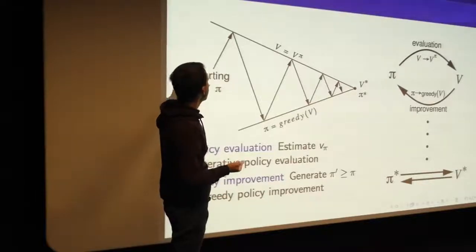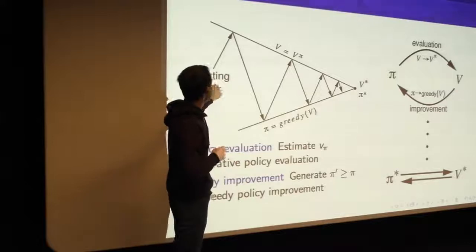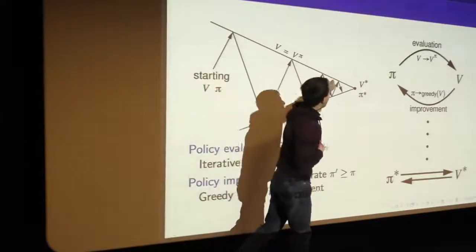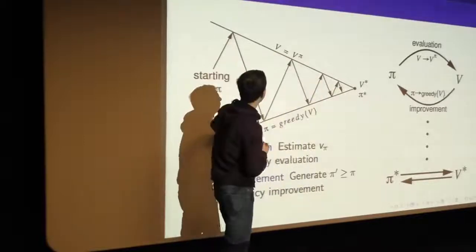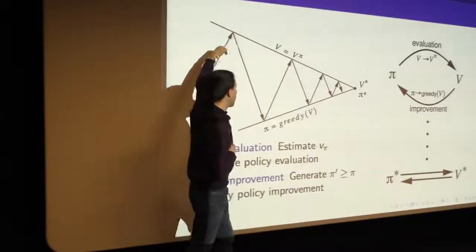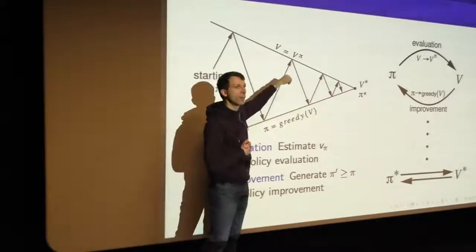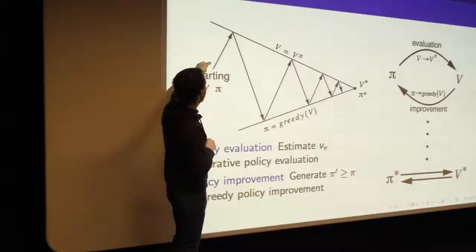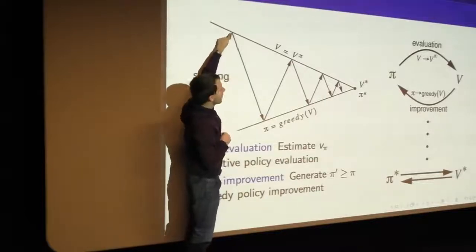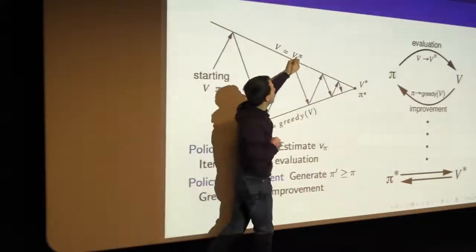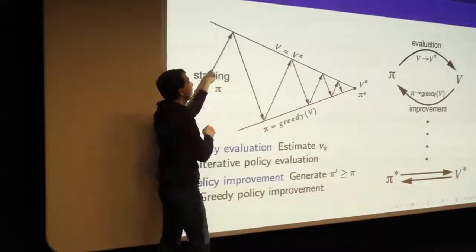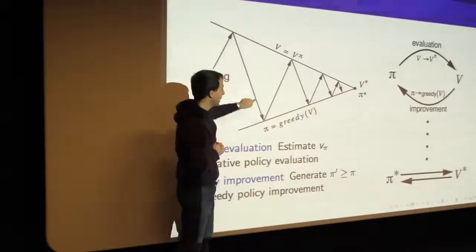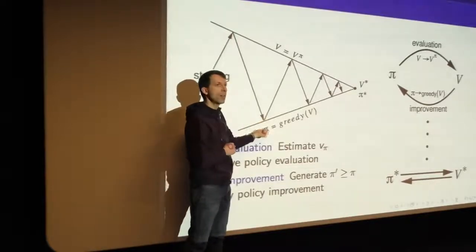We do policy evaluation on our up arrows, and policy improvement on our down arrows. So this diagram illustrates that we start off with a v and pi, and we set our value function to evaluate exactly this initial policy on this first arrow. Once we've got that value function, we act greedily with respect to it to give us a new policy.